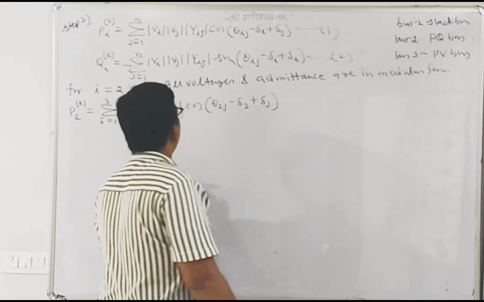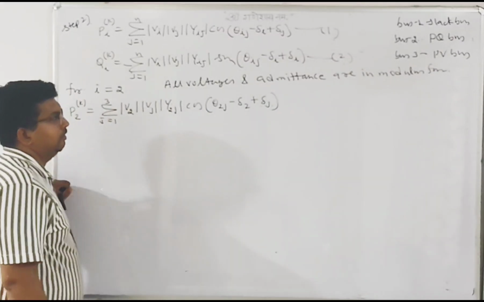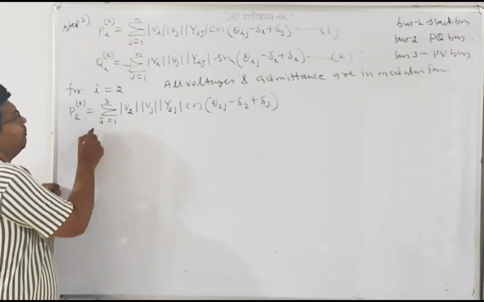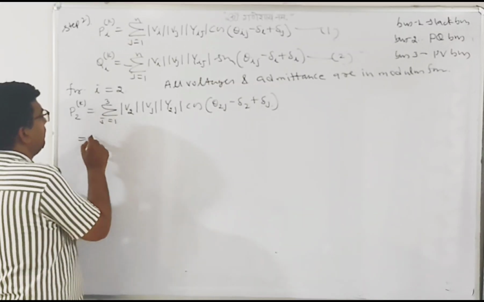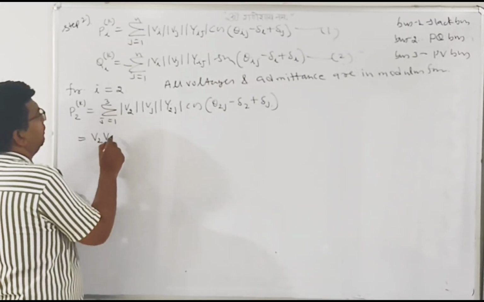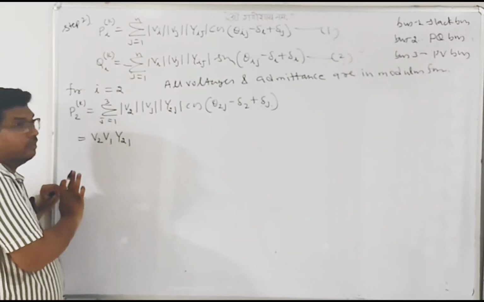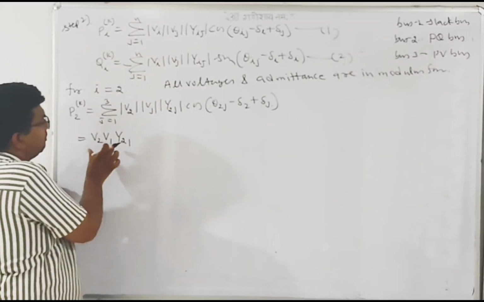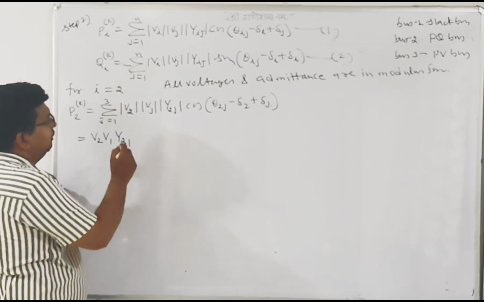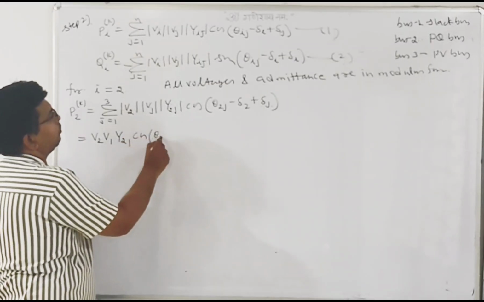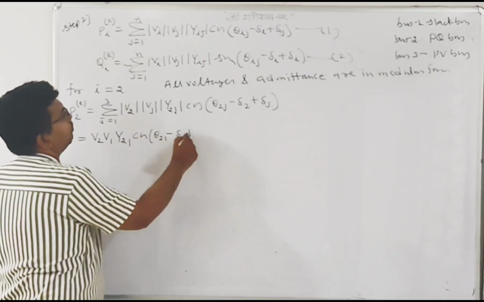Okay, so we have to not put that again and again. Now when we open this bracket, this becomes V2 V1 Y21. Here I am not writing the modulation, because I have specified it, so your time will be saved. This becomes cos of (theta 21 minus delta 2 plus delta 1).